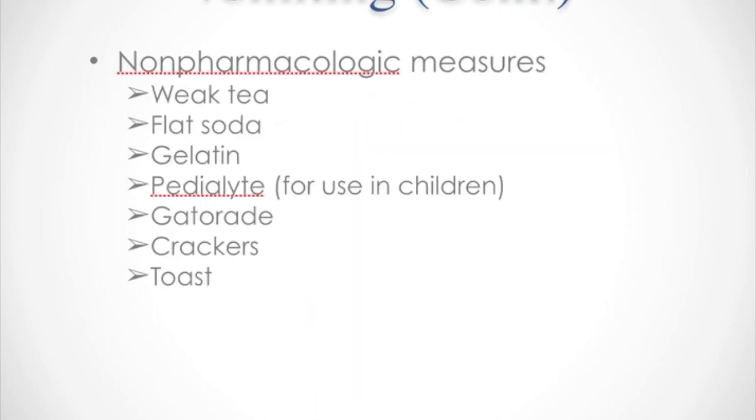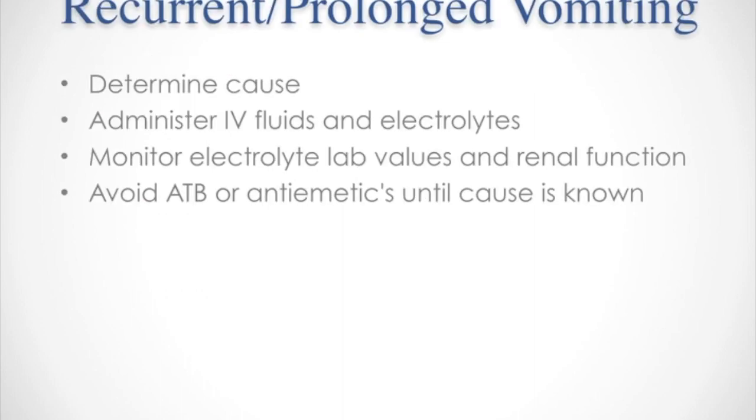We always want to try non-pharmacological measures first when nausea and vomiting occur. If these measures are not effective, then once we know what the cause of the vomiting is, we can use antiemetics. If the patient is trying these non-pharmacological measures and they're not effective and they become dehydrated, then we will use IV fluids to restore body fluid balance.